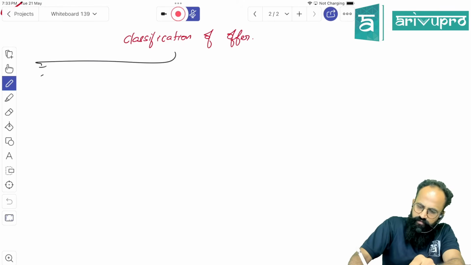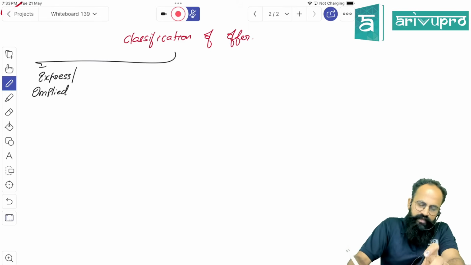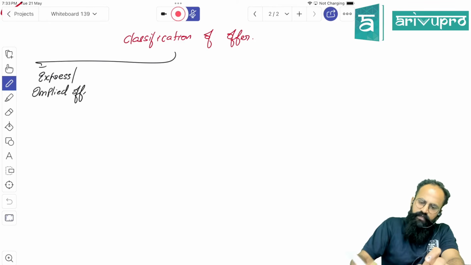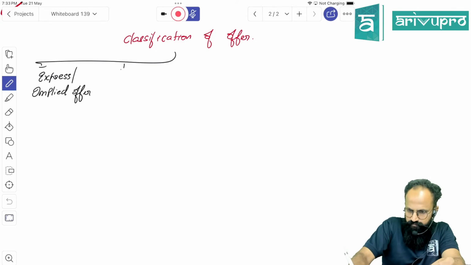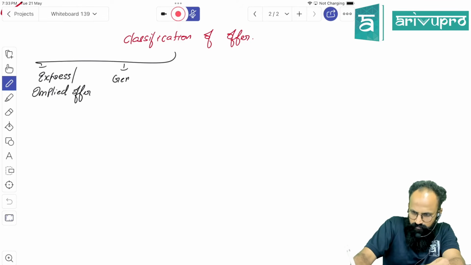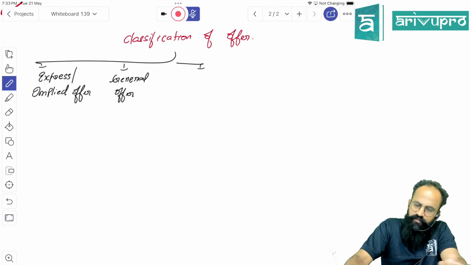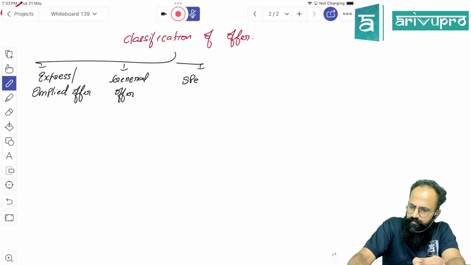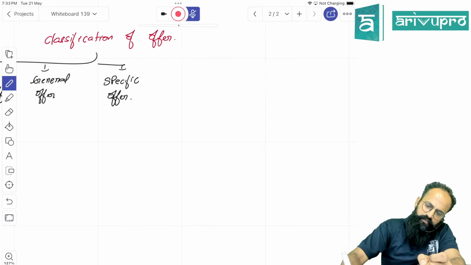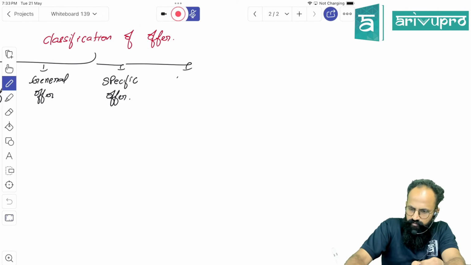The first one is express or implied offer. The next one is general offer. The third one is specific offer. The fourth one is cross offer.